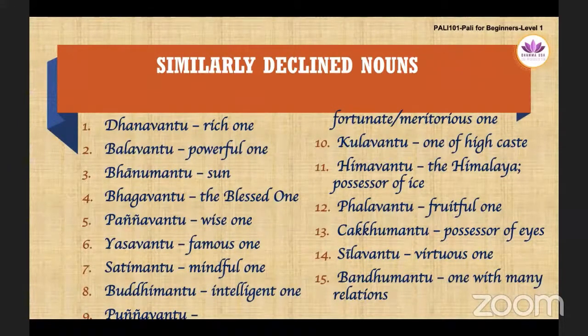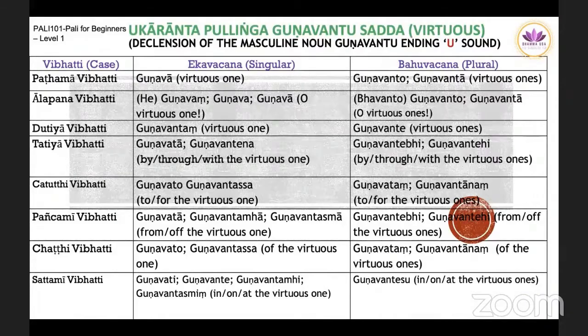Fortunate or meritorious one. Who wants to be Punyavantu? Anyone want to try? I will try, Bante. Ukaranta pullinga Punyavantu sadda, meaning fortunate one. Pathama vibhatti, ekavachana: punyava. Bahuvachana: punyavanto, punyavanta.